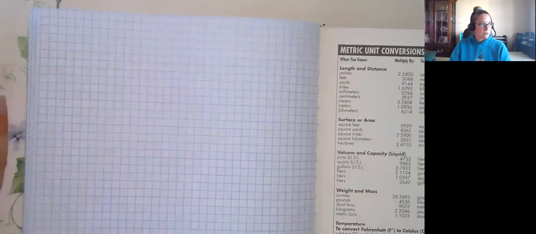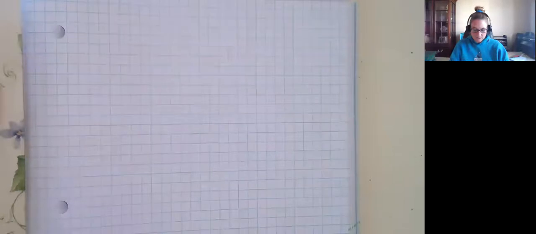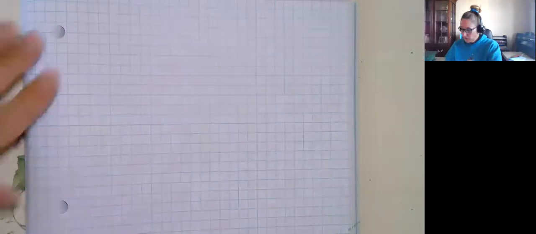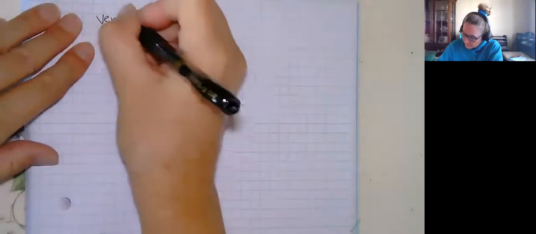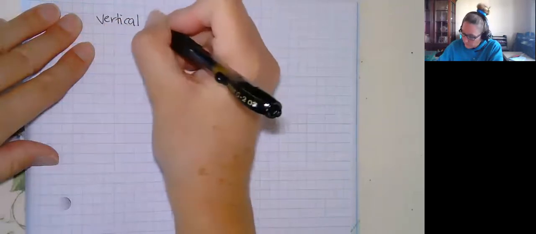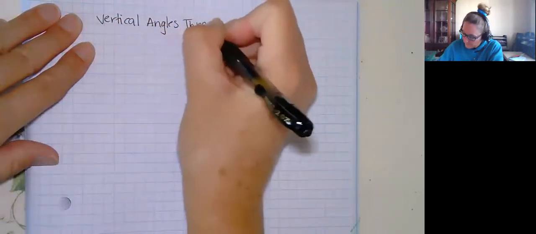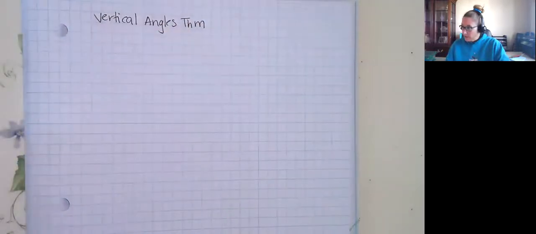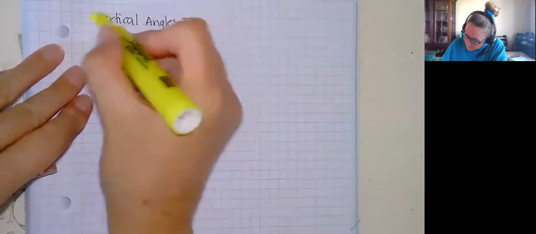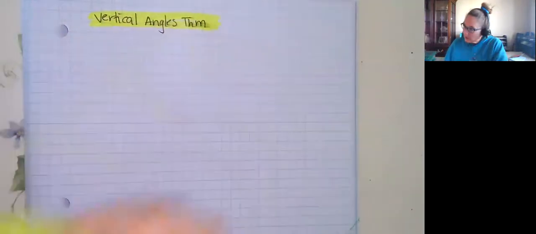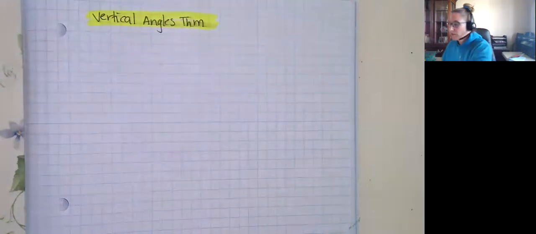This first one's going to be on ones that are angle relationships. So the first one we're going to start with is vertical angles. So, vertical angles theorem. And for this one, let me just zoom in a little bit.